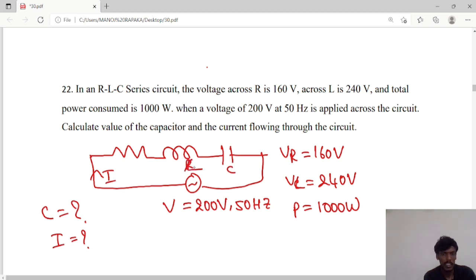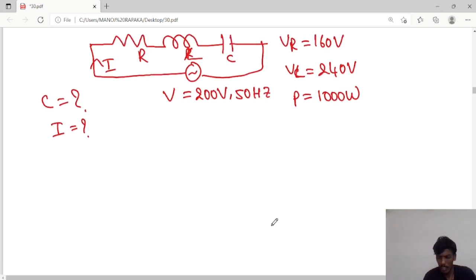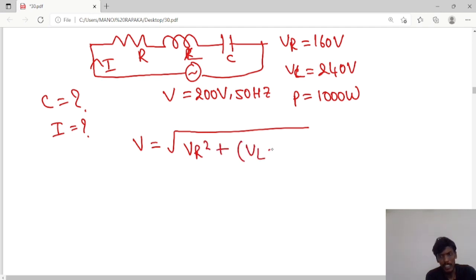I am considering this as L and this as R. So the value of the capacitor as well as the current we have to calculate. First we can write the total voltage V equal to the square root of VR square plus (VL minus VC) whole square.